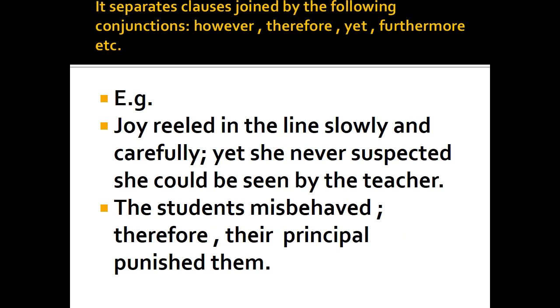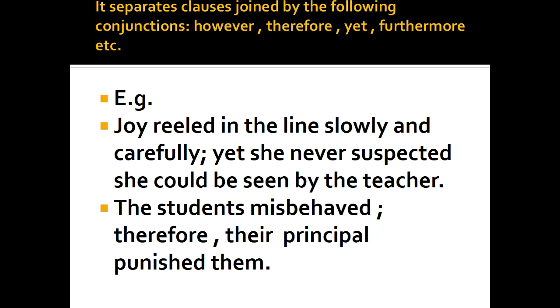It separates clauses joined by the following conjunctions: however, therefore, yet, furthermore, etc. That means it normally comes before these conjunctions. For instance, Joy reeled in the line slowly and carefully; yet she never suspected she could be seen by the teacher.